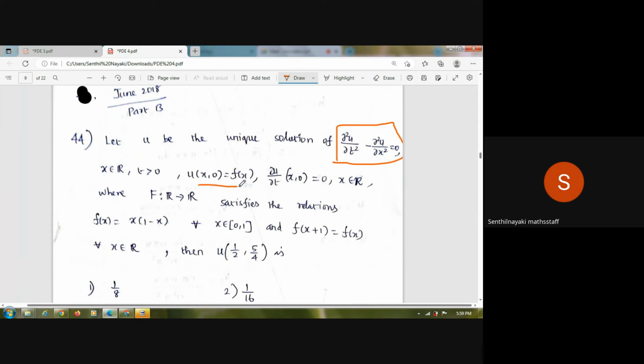Here the initial condition is u of x comma 0 equal to f of x, and the time derivative of the dependent variable, dou u by dou t, is equal to 0.